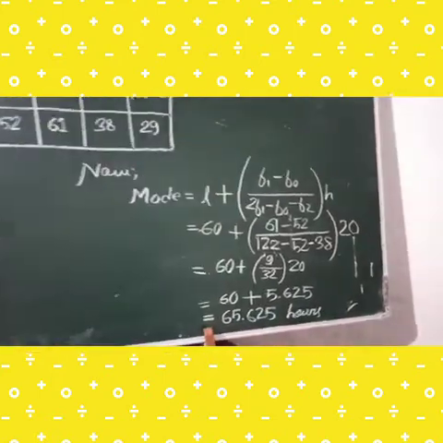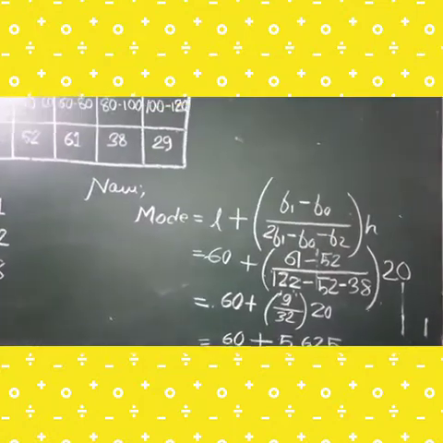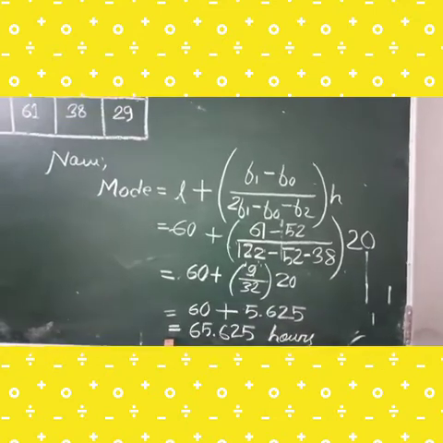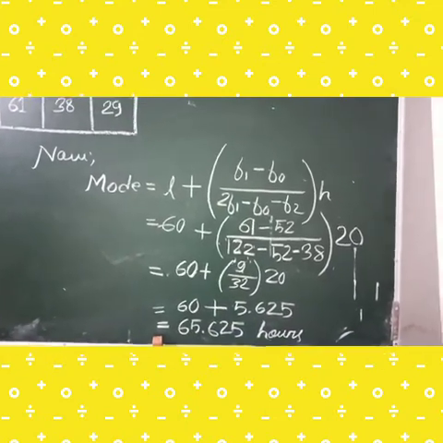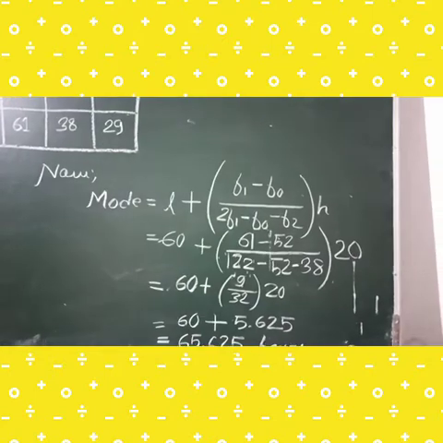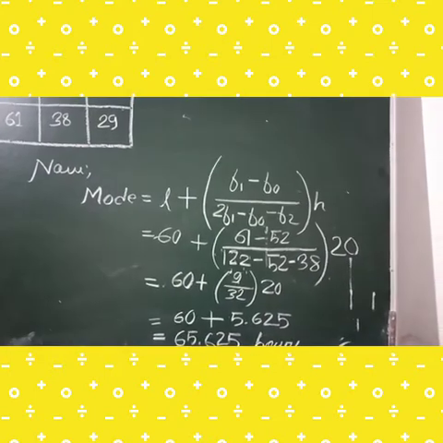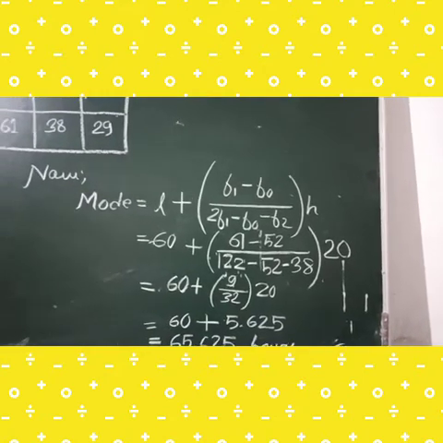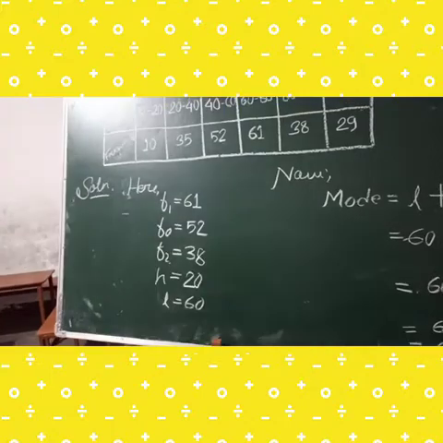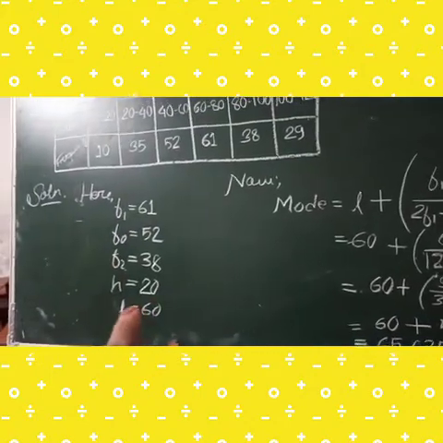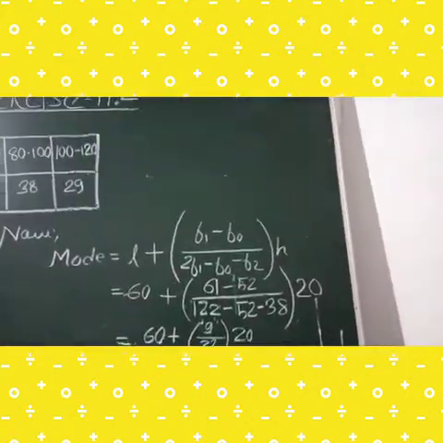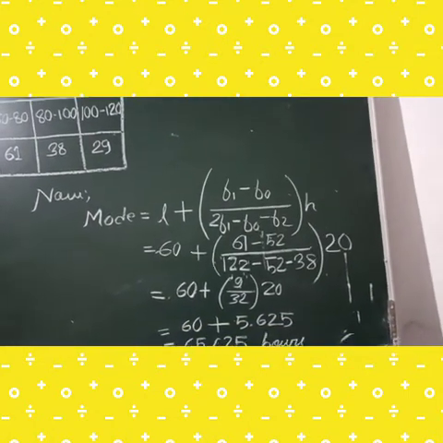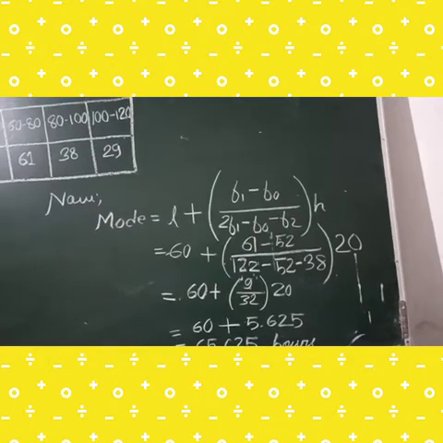And now we have to find out the mode as per the question. The formula of the mode is L plus (F1 minus F0) divided by (twice F1 minus F0 minus F2), into H. Now we have to put the values there. L is 60, and F1, F0 and F2 are already found.